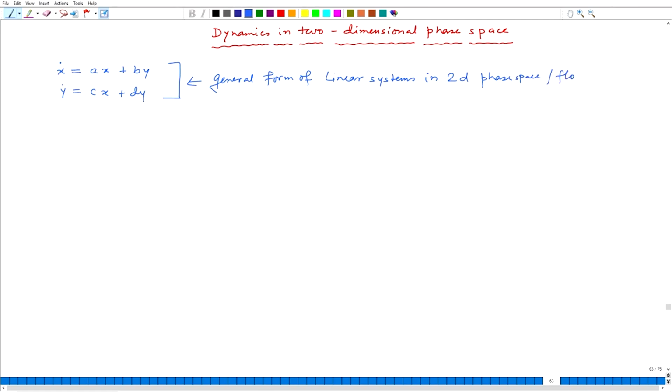Now, if I write like this, I can define a vector consisting of the coordinates in the phase space, and I can also define a vector consisting of the velocities in the phase space, given by x dot. So, this is the phase space velocity vector, and this is the phase space coordinate.